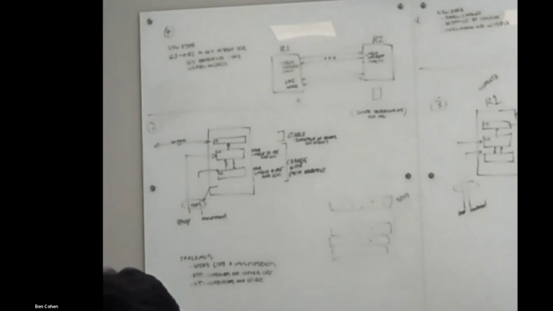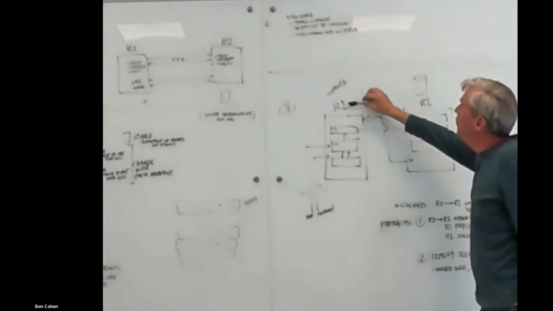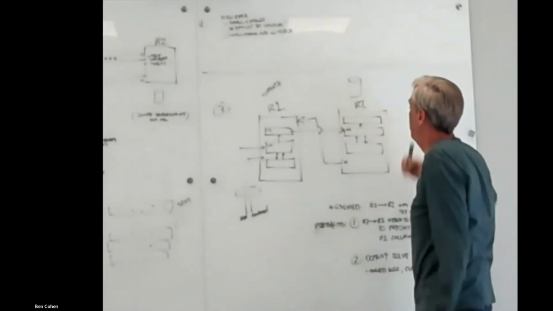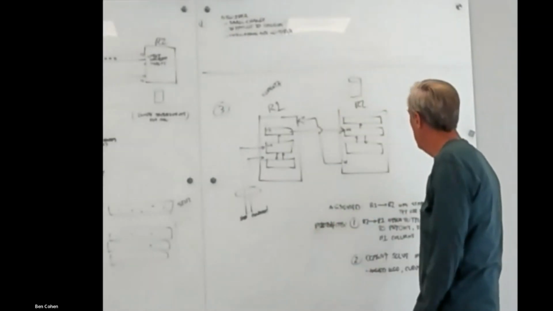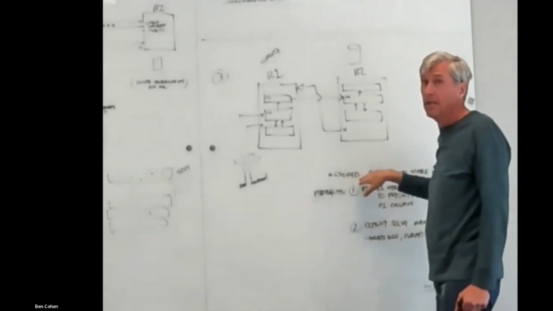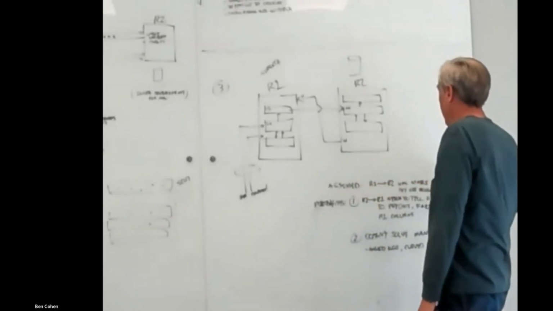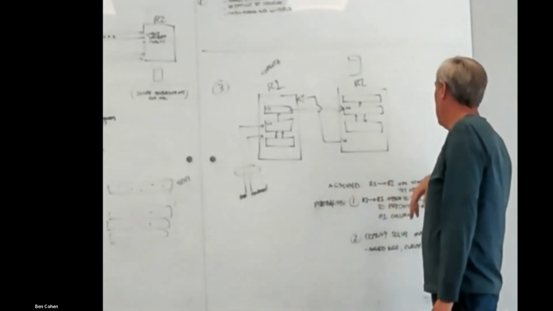Well, that's a good segue to number 3 here, where we're going to talk about 2 columns that are hierarchically arranged. I've labeled those R1 and R2, region 1, region 2. Now, I've had an assumption for a long time that I think is wrong.